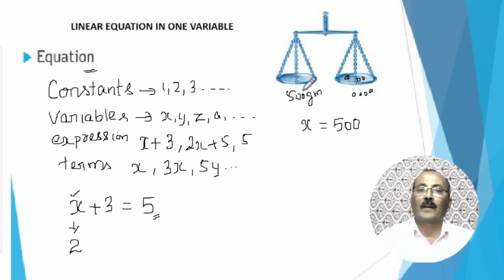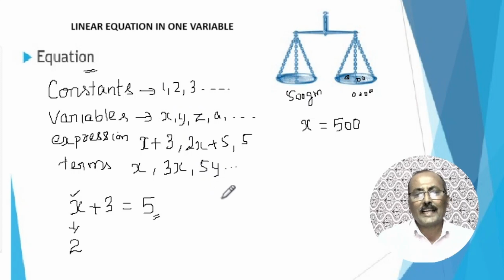That means for 500 grams, the weight is equal, hence both are equal. Therefore, the value of x, that is unknown. Unknown is what here? Tomato. We'll add one onion like that. But here 500 gram is known. So in this expression also, some unknowns are there, some knowns are there.